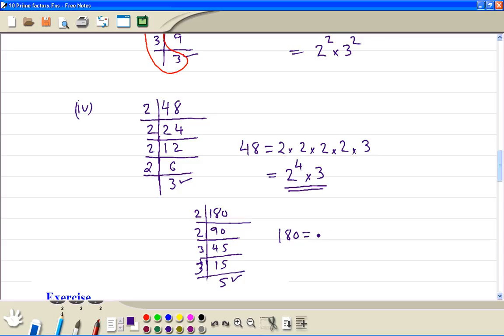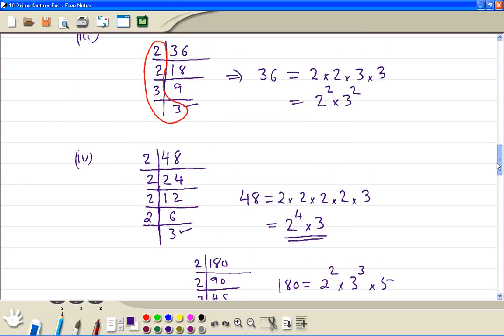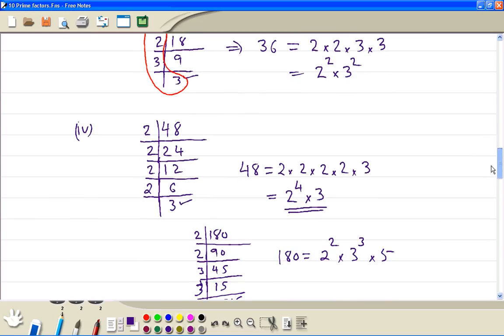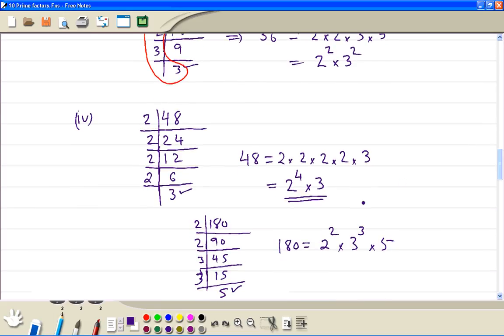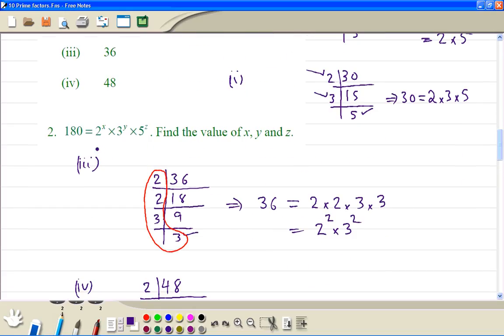So 180 is equal to 2 to the power 2 times 3 to the power 2 times 5. So we have 2 to the power 2 times 3 to the power 2 times 5 to the power 1. So x is equal to 2, y is equal to 2, and z is equal to 1.